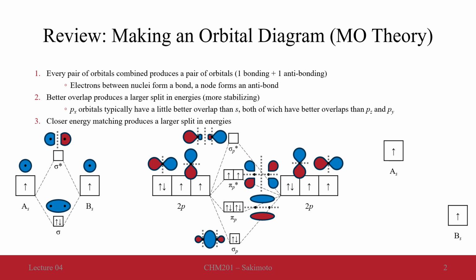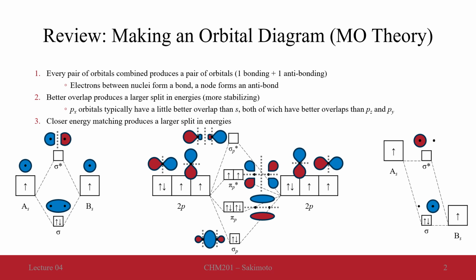some sort of gap between them. As we have a larger gap or mismatch of energies between our orbitals we wish to combine, we're going to have a less favorable interaction, less stabilization, because they're so different in energy that we essentially end up with a sigma bonding orbital that's essentially identical to the lower orbital energy, and an anti-bonding orbital that's essentially identical to the higher energy atomic orbital.